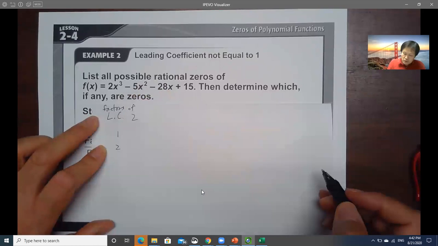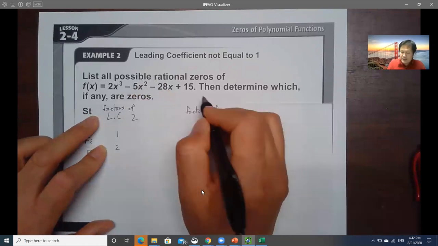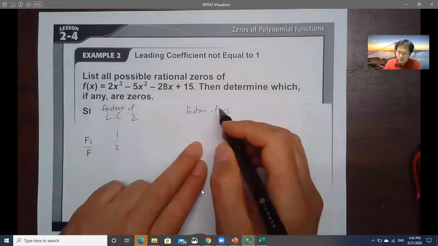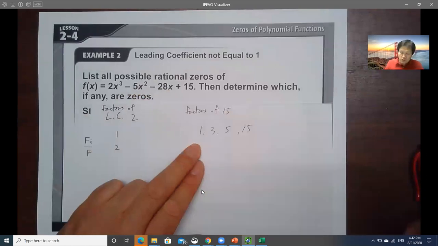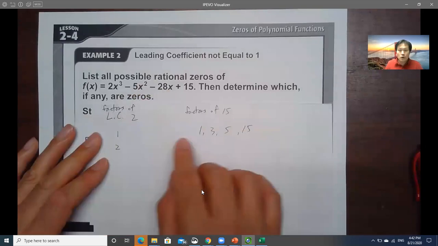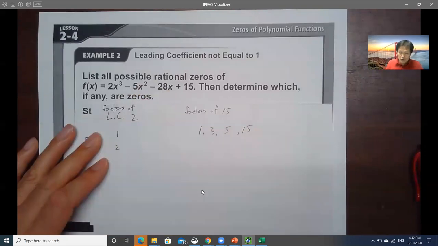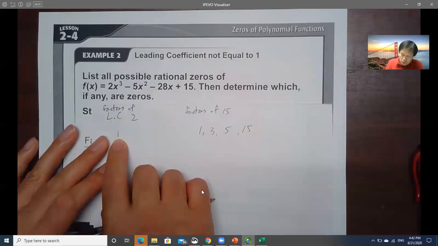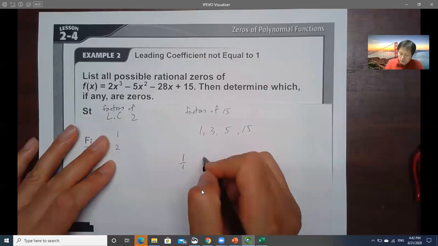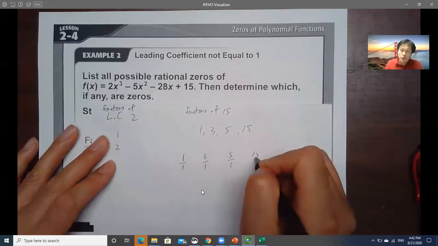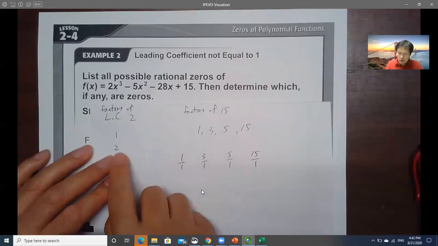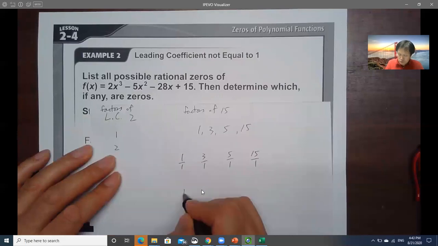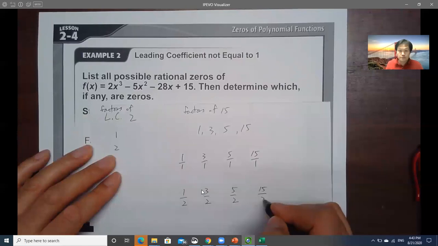Now, factors of the constant, which is 15, are 1 and 15, 3 and 5. So numerator, denominator: you have to do all possible combinations. So the denominator can be 1: 1 over 1, 3 over 1, 5 over 1, 15 over 1. Remember, we have the other factor of the leading coefficient, so you can do 1 over 2, 3 over 2, 5 over 2, 15 over 2.